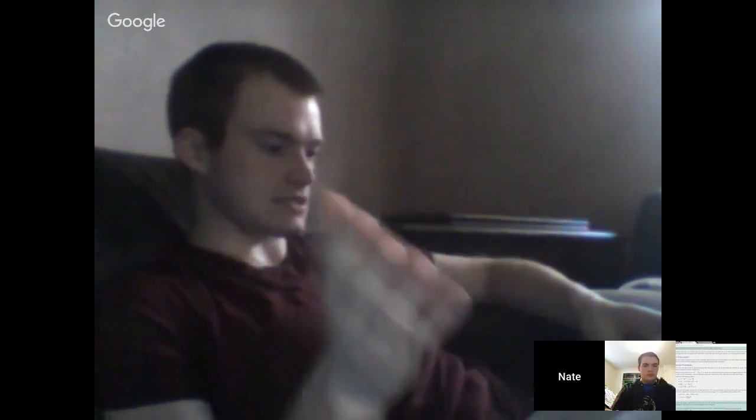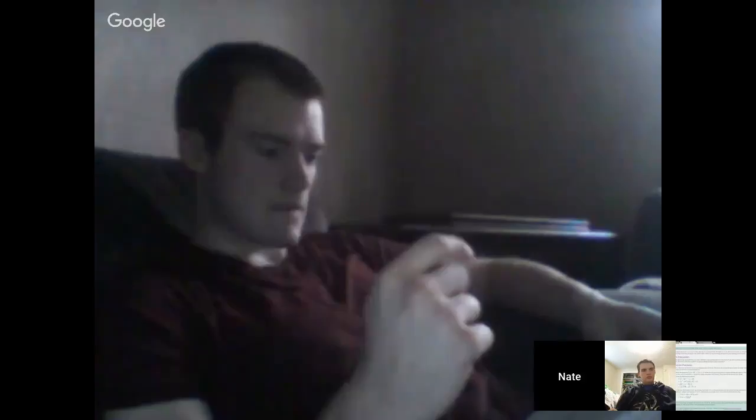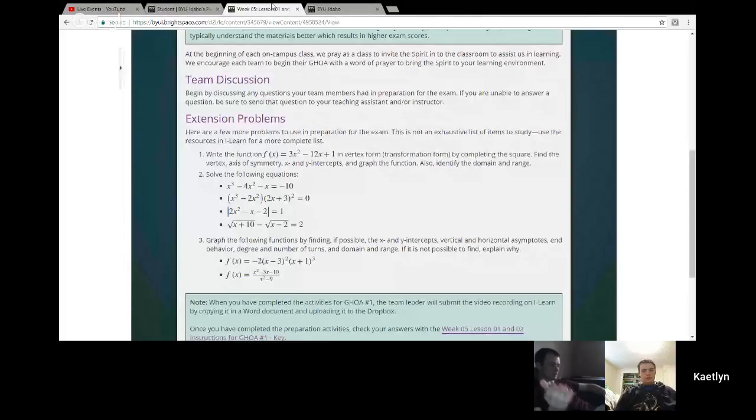So the next step is you square all of it. So basically what you should have is 64 equals 16 parentheses x minus 2. Okay. And the next step is distribute that 16. You should have 16x minus 32.